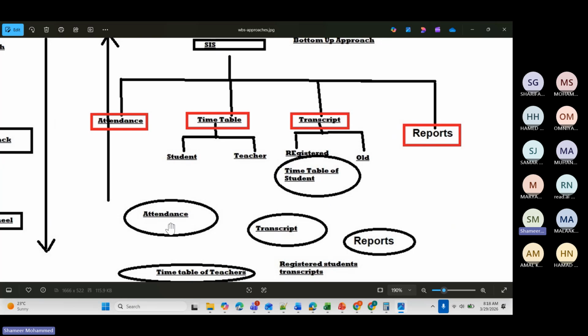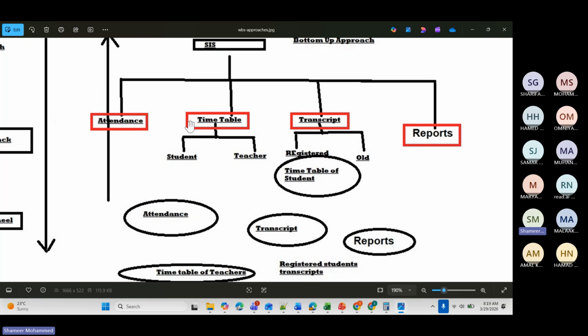The module names are attendance module, transcript module, reports module, timetable, and timetable of the teacher. So how much work or how many people you need for developing the attendance program and developing these reports, you calculate individually. Then you add them up, and the total cost of the project will come. That is the estimation technique, named the bottom up approach.